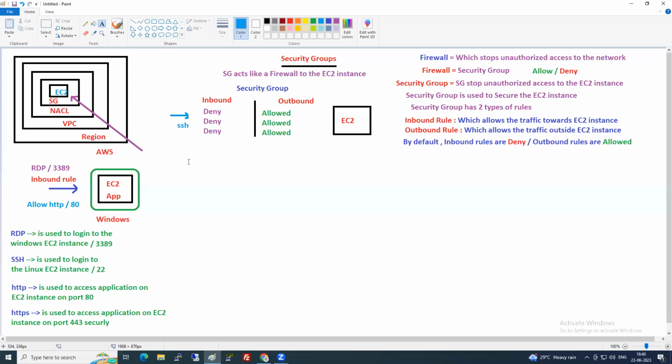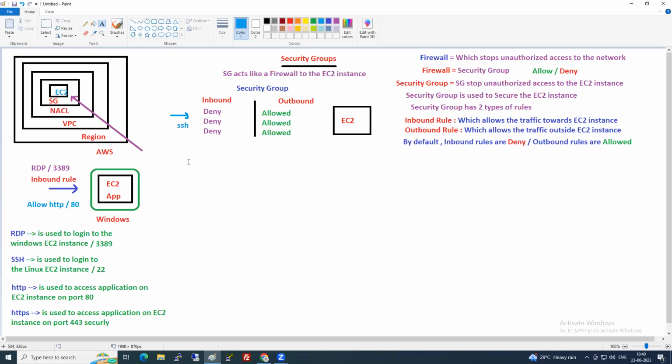Now I'll ask one certification question, think and answer. Is it possible to deny protocols in a security group? Answer is yes or no. Okay, so the answer is no. By default, everything is deny, so there isn't anything to deny specifically.